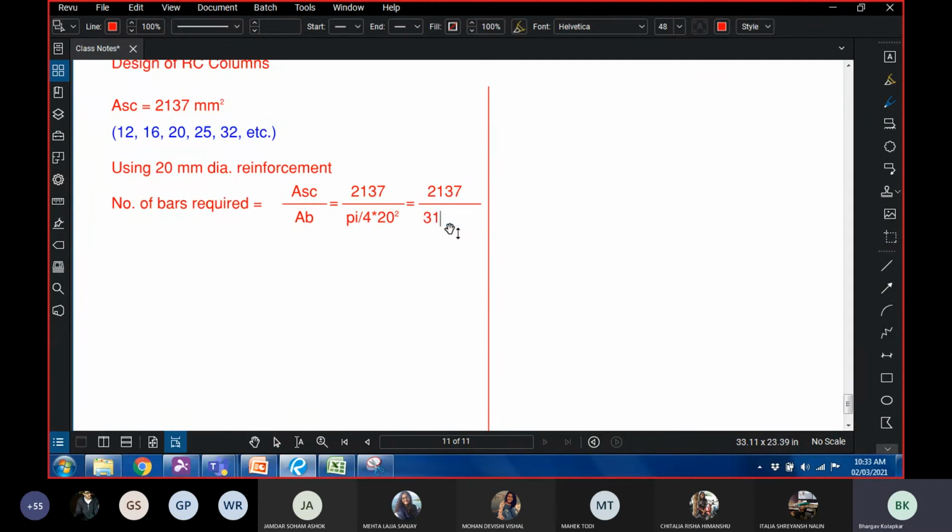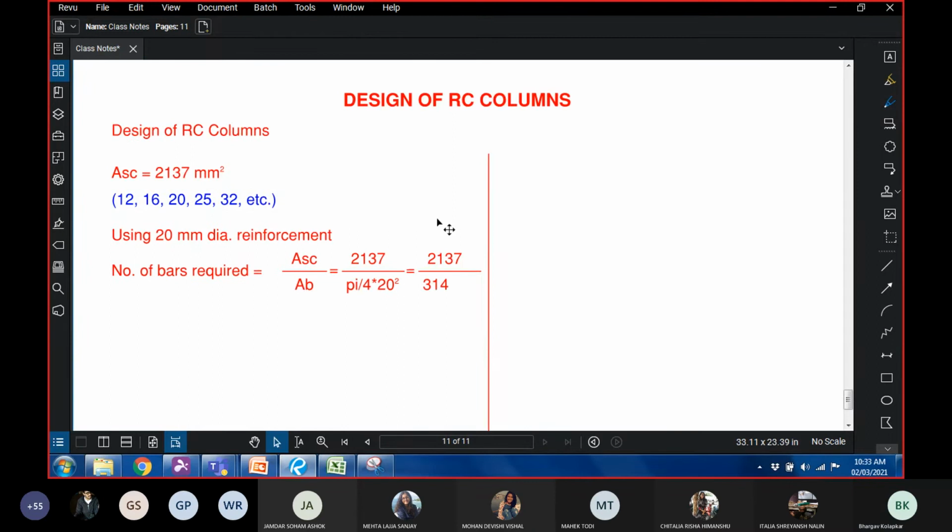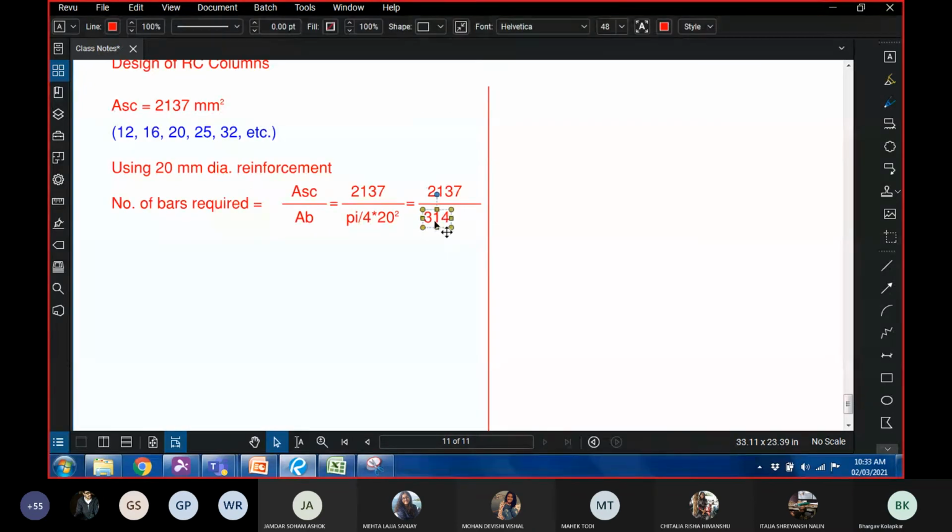Pi by 4 20 square is approximately 314. So with this, the number of rebars that we require is 6.8.